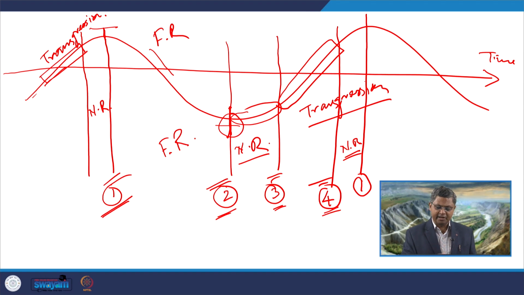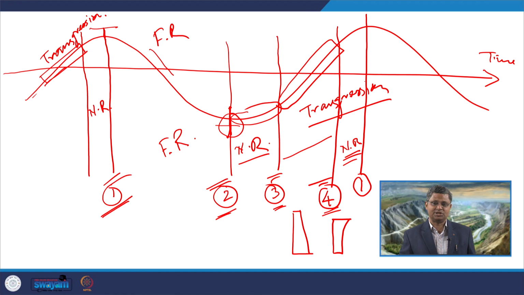As you can see over here, say the boundary between 3 and 4, this is a transgression. So, within transgression we know the stratal stacking pattern will be retrogradational, fining up in nature. Then after that we are getting this normal regression. So, in normal regression we know there should be coarsening upward succession, that will be progradational succession. On that we will get the forced regression.